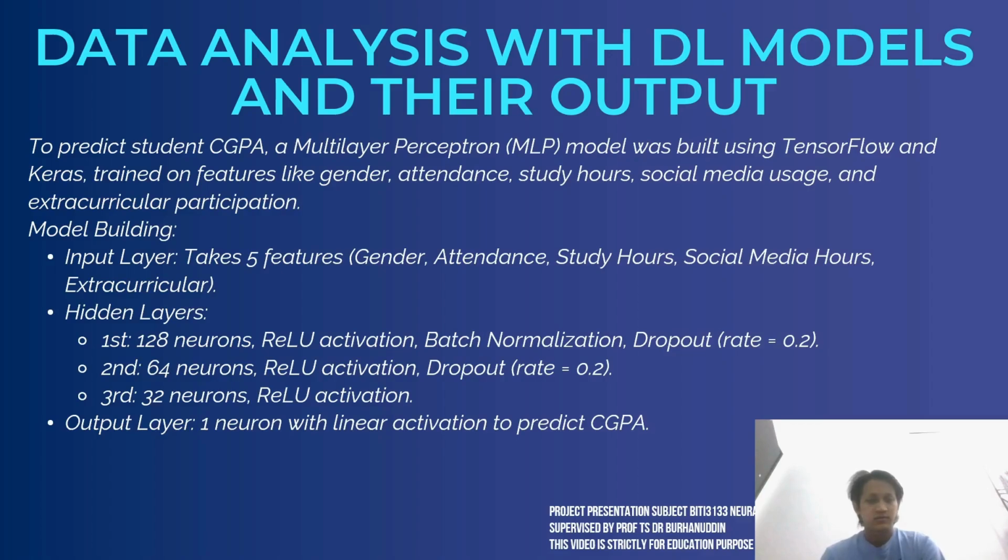So we can proceed to the presentation of data analysis with DL models and their output. To predict the student's GPA, we apply a multi-layer perceptron using TensorFlow and Keras, and we train on features like gender, attendance, study hours, social media usage, and extracurricular.